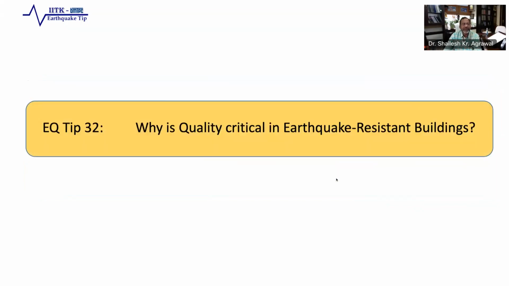The last tip, that is earthquake tip number 32, is on quality control and quality assurance, which is most important for any construction. If quality is not up to the standard and is not ensured during construction, any robust design will perform poorly. Therefore, quality is critical for ensuring safety of buildings and their occupants.